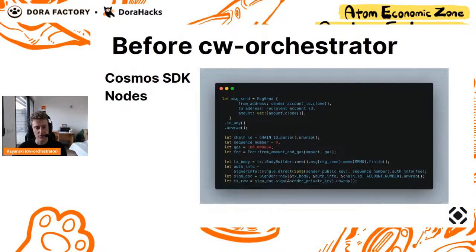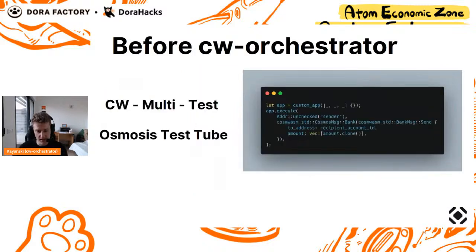Because today, for instance, to interact with Cosmos SDK nodes, you may have CosmJS, in JavaScript, to interact with contracts. You may use CosmRS, in Rust, with a different syntax, with different things around CosmWasm contracts. If you want to test, you will be using MultiTest or Osmosis Test Tube.